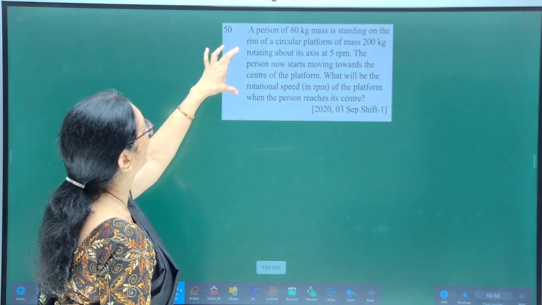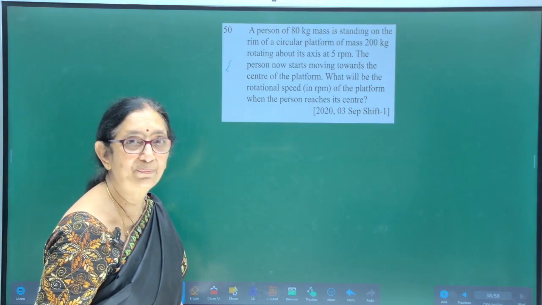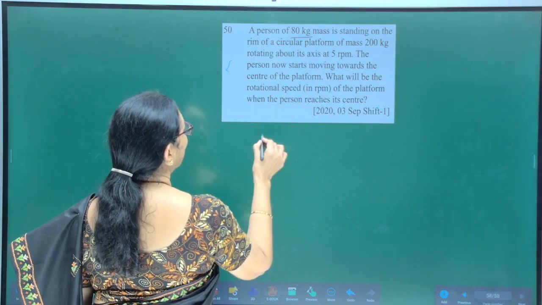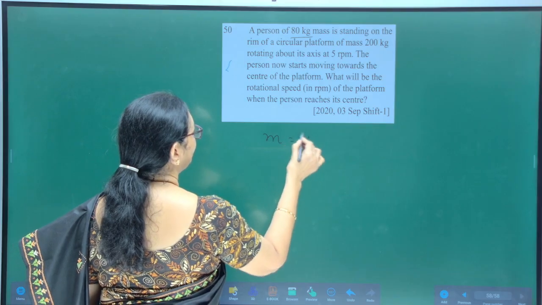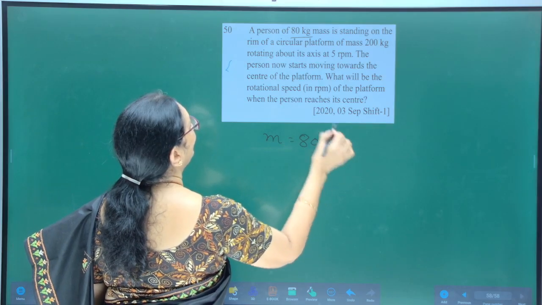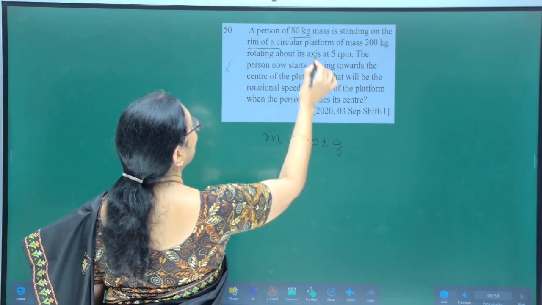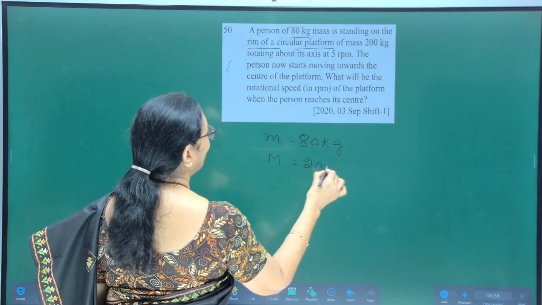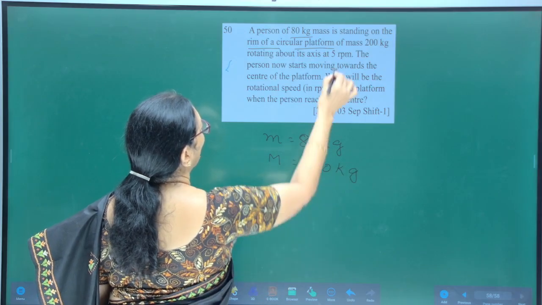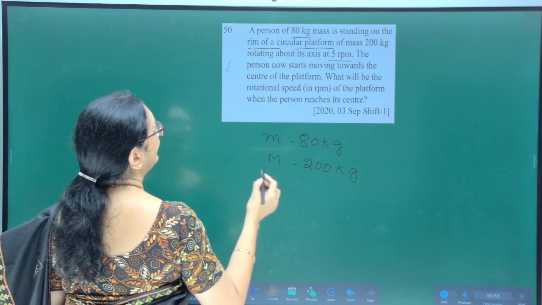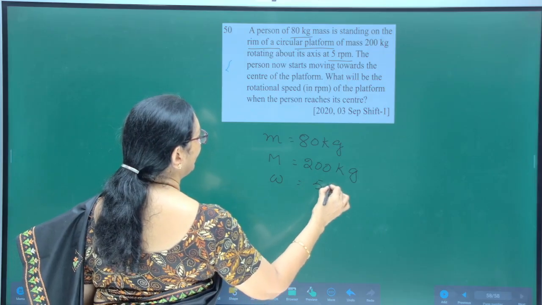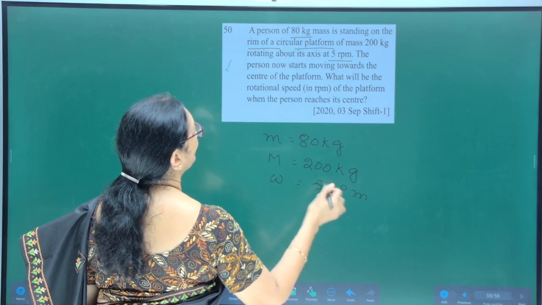This is based on the law of conservation of angular momentum. A person of mass 80 kg is standing on the rim of a circular platform of mass 200 kg, which is rotating about its axis with an angular velocity of 5 revolutions per minute.